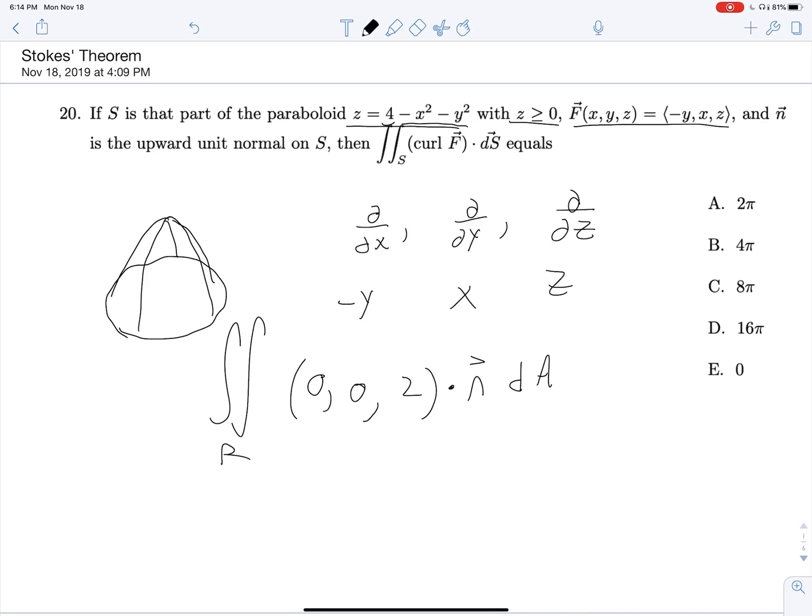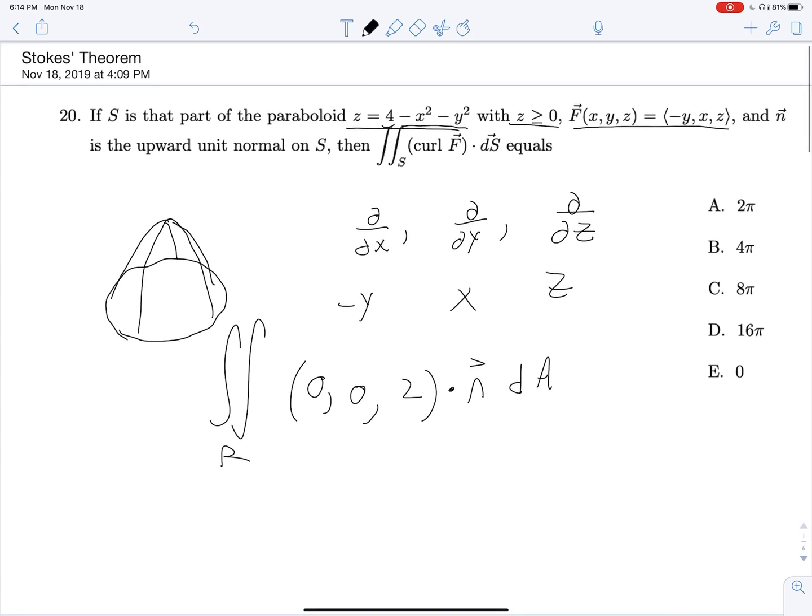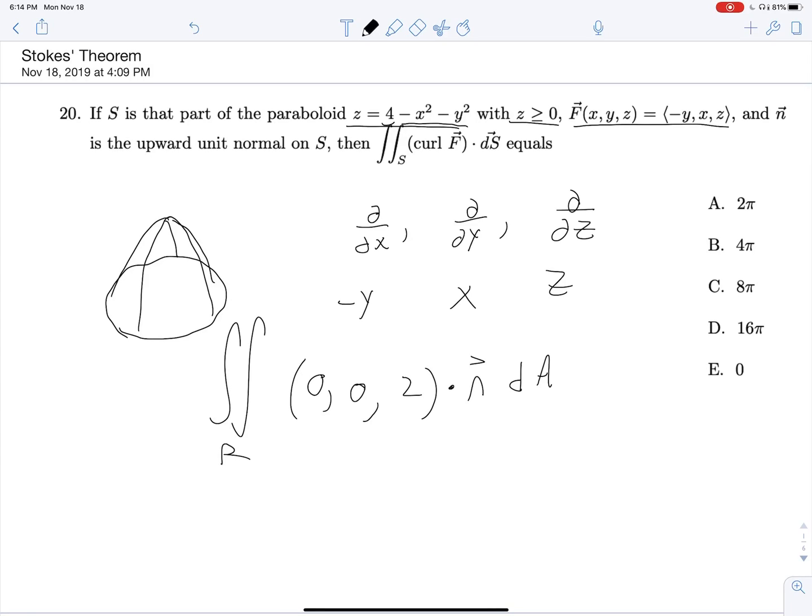And in our case, our normal vector is going to be negative zx, negative zy, comma 1, because they say that they want an upward pointing normal, so our z component needs to be upward pointing.